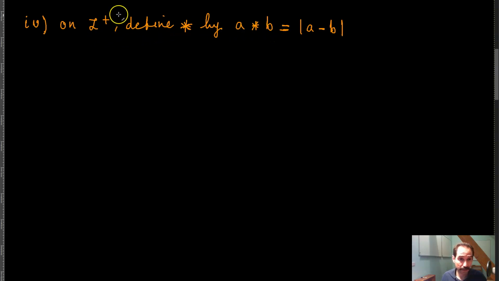Which is of course a binary operation, because no matter what A and B are, if the difference of A and B is a negative number, then the absolute value function is going to give you a positive number, and that positive number is going to exist in Z plus, and so that's a function, right?